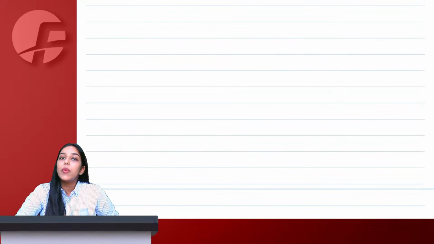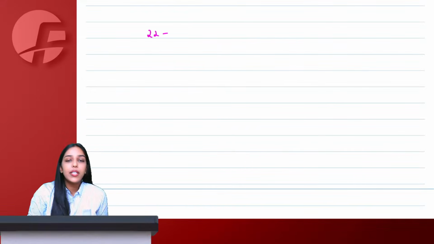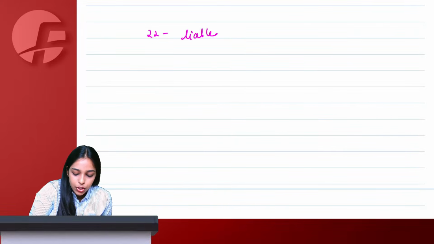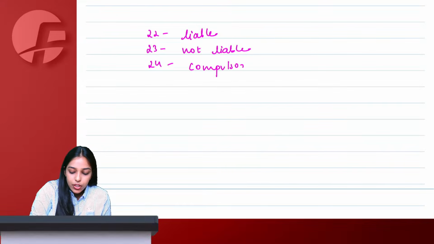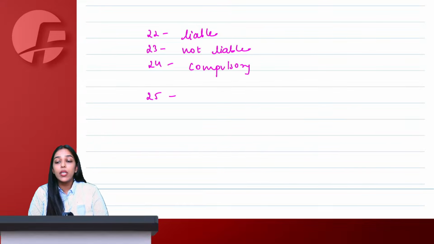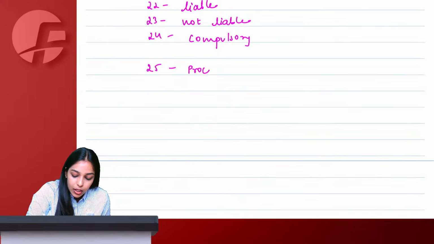One last time, everyone with me. 2 to 22, you are earning double. Person liable for registration. 22 said liable, 23 said not liable, 24 said, shut up and take compulsory registration under GST. 25 said, okay, I will take, but please tell me the procedure.